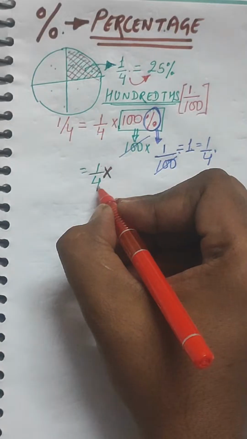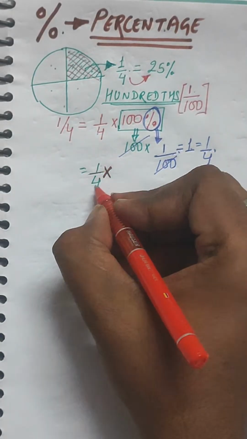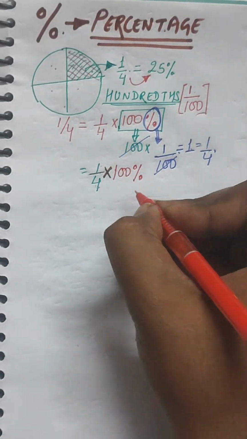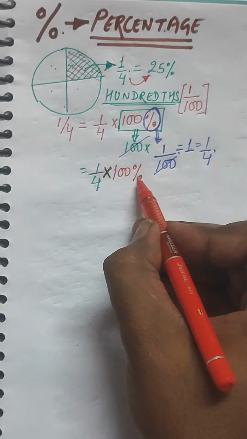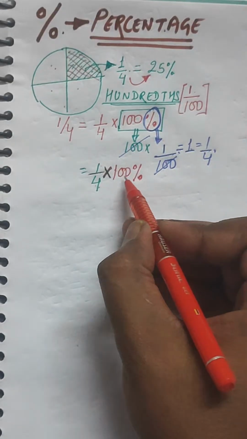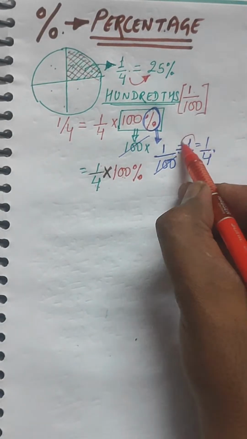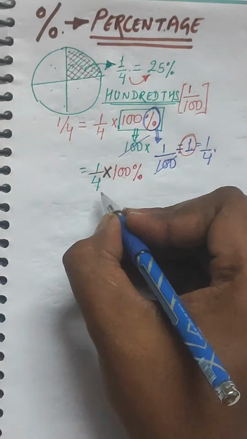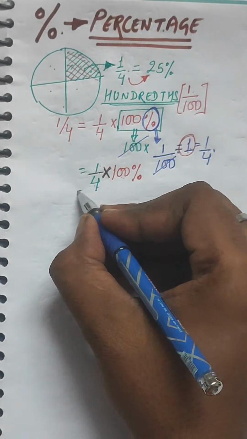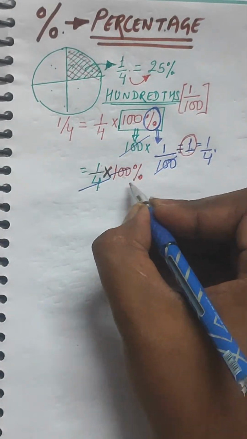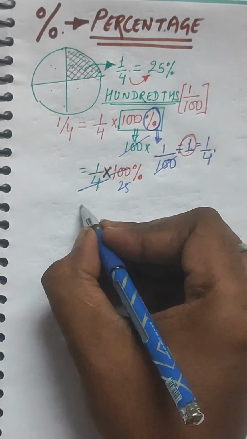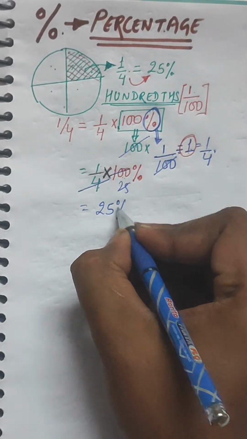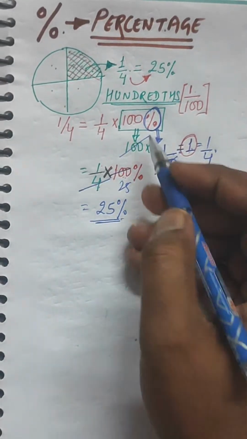To convert this 1 by 4 into percentage, 1 by 4 into 100% can be written. Calculating it, 4 divides 100 twenty-five times, and this gives you 25%. That means this percentage is calculated.